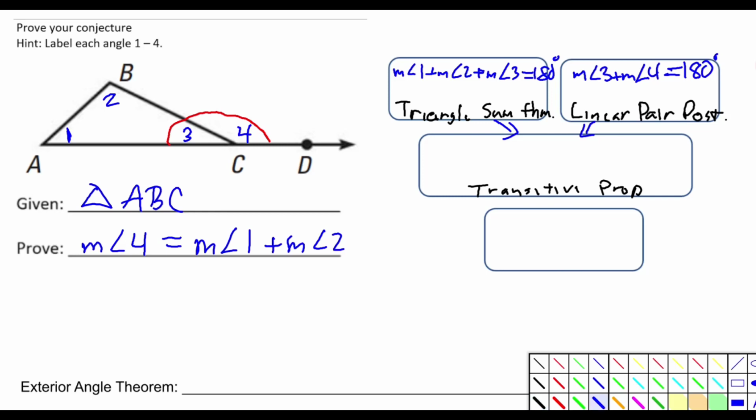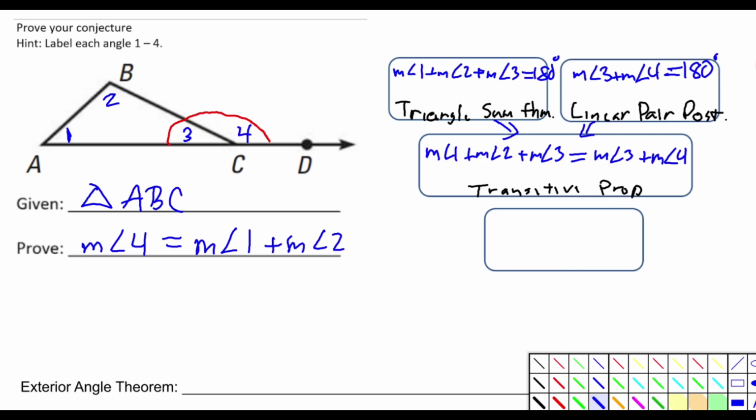So in this case, I'm going to say, you know what? The measure of angle 1 plus the measure of angle 2 plus the measure of angle 3 is equal to the measure of angle 3 plus the measure of angle 4. How do we know that? How do we know that 1, 2, and 3 has to equal 3 and 4? Well, obviously, they're both equal to 180. So if they both equal 180, they must equal each other.